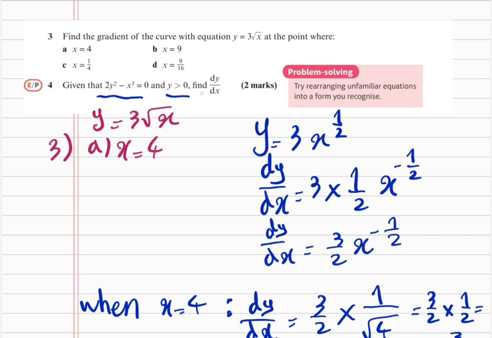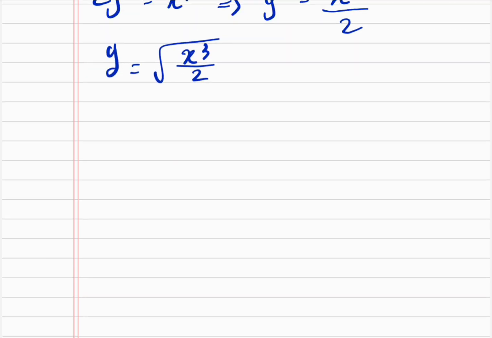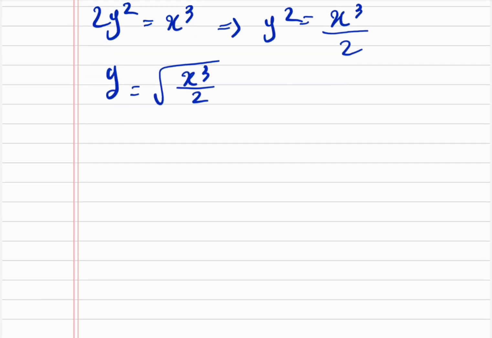Now remember that we wanted to find dy by dx, so we are now in a position to find dy by dx. But maybe before that, it's better to write this in an even nicer form, because again we want to have x to the power of n. So what we can do here, first let's split the square root.